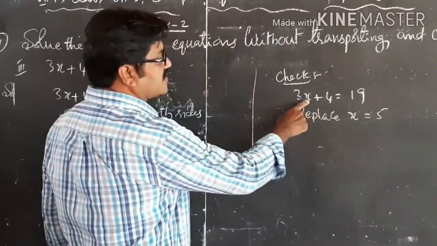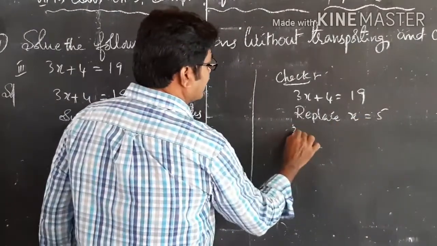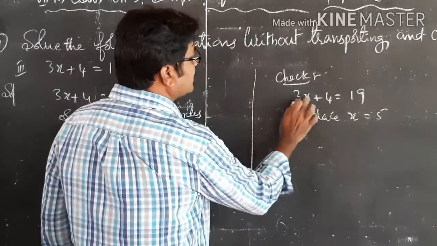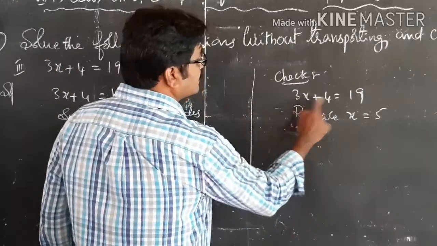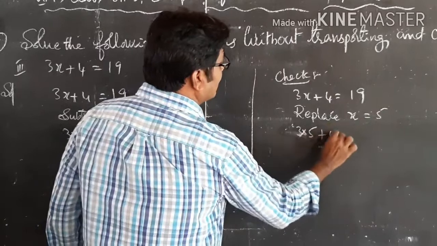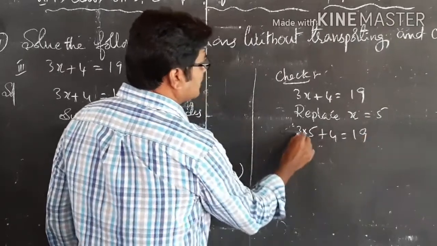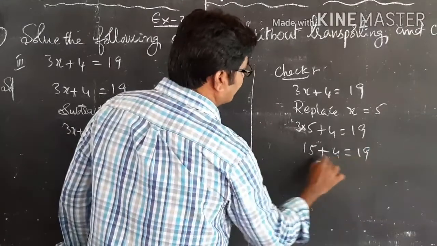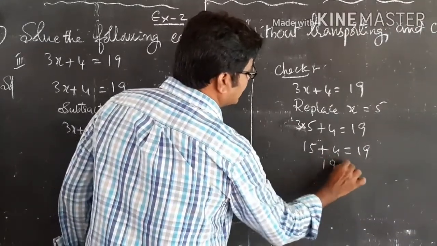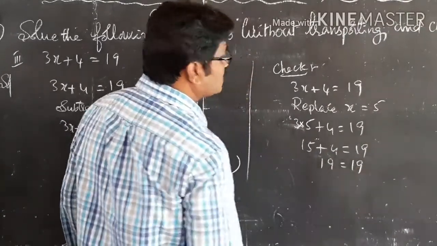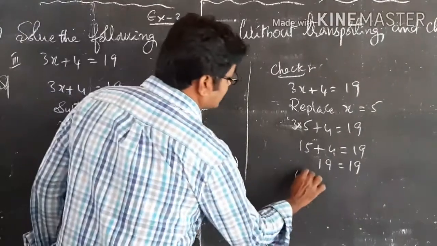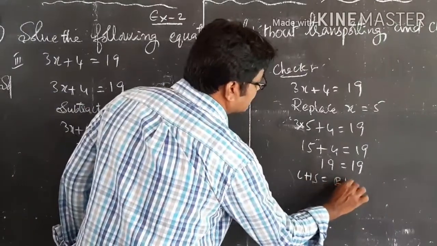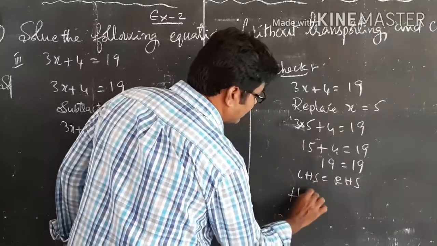In place of x, you have to substitute 5. 3 into 3x means 3 into x, so 3 into 5 plus 4 is equal to 19. 3 into 5 is 15. 15 plus 4 is 19. 19 is equal to 19. Here both sides are equal. LHS is equal to RHS. Hence verified.